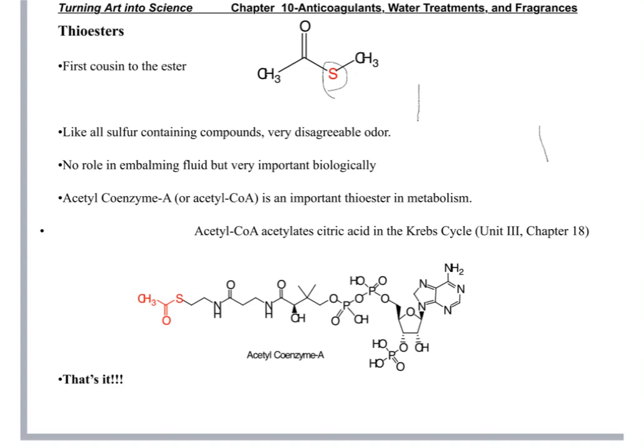Some individuals are allergic and have to stay away from things that contain sulfur. Here we have acetyl coenzyme A, which is important in metabolism. We find it in the Krebs cycle.